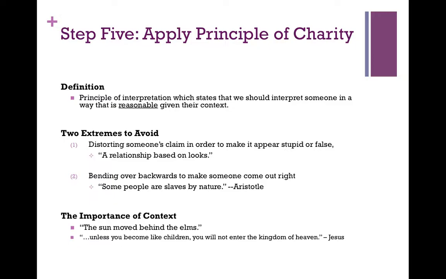We can't distort them so that they come out to be true or they come out to be palatable to our sensibilities. That also is wreaking havoc on interpretation. So I want to give you guys an example so you can see what I'm saying here. But this example requires a little bit of backstory and a little bit of explanation.